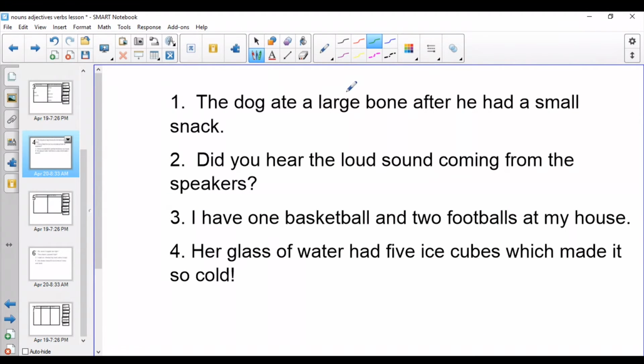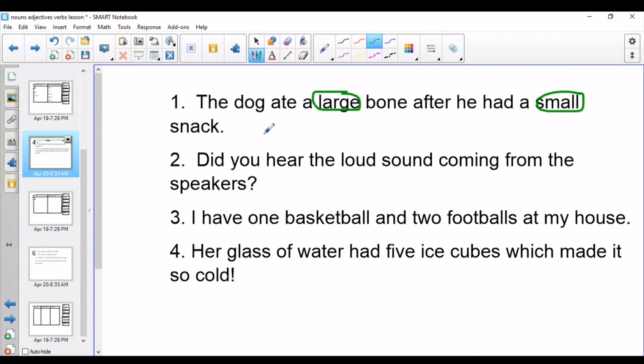The first adjective that I see is the word large. Large is a describing word. The second word that I see that is an adjective is the word small. Small is another describing word. It is telling you how big the bone is and how small the snack is.